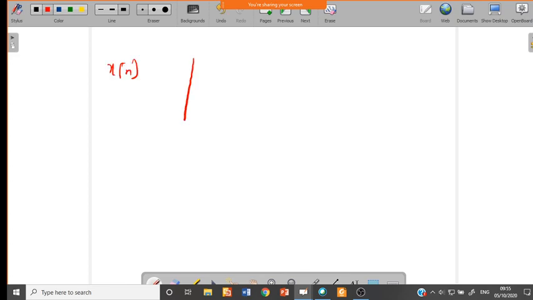I'll define it as 1 at 0, and 1 again at 1, at 2 it is 0.5, and at 3 it is 0.5.